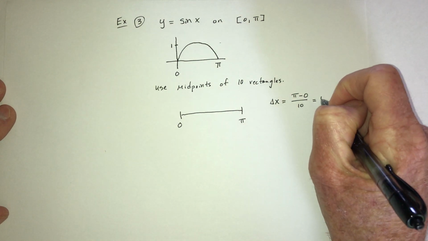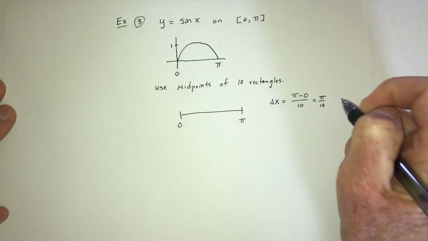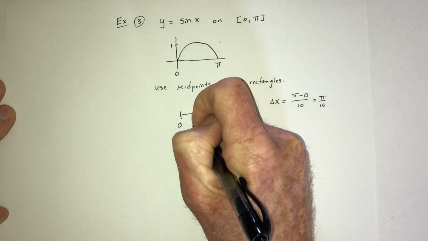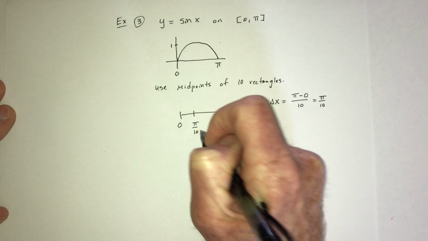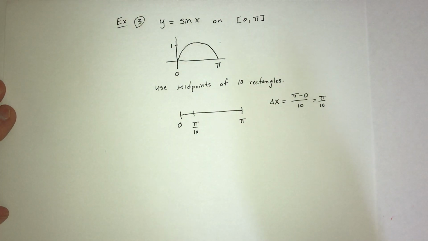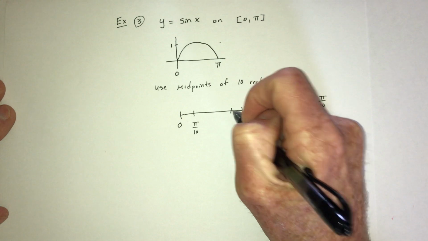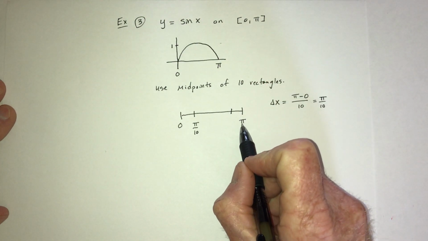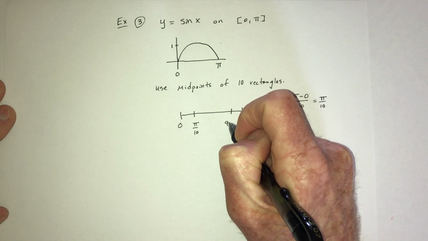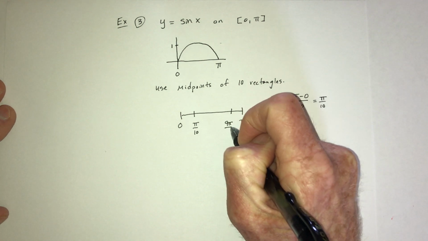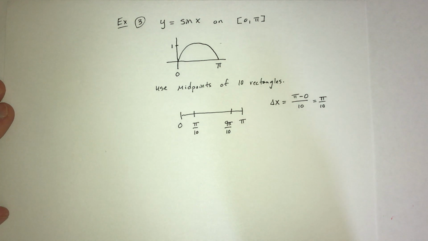So delta x is equal to pi over 10. That means that the first interval is going to go from 0 to pi over 10. Well, since it's going by tenths, then this is 1 whole pi, so right before that would be 9/10, or 9 pi over 10.